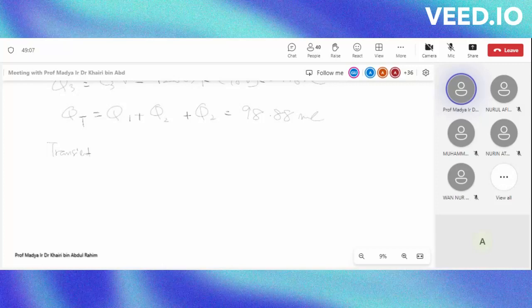So like I said just now, let's say you have 24 volt, R1 equals to 4 ohms, R2 equals to 8 ohms, and you have capacitor there. Okay, capacitor with a value of 20 microfarad, and voltage C, and you have Q1 here.